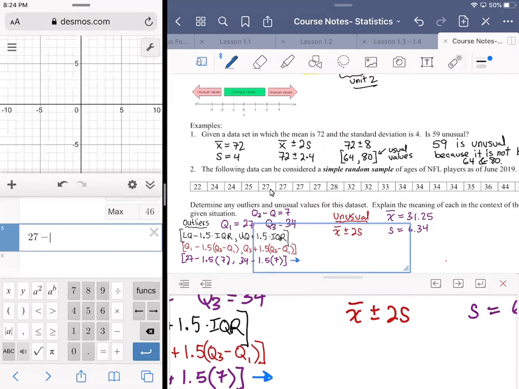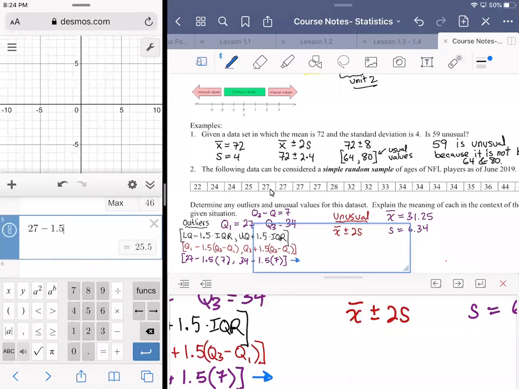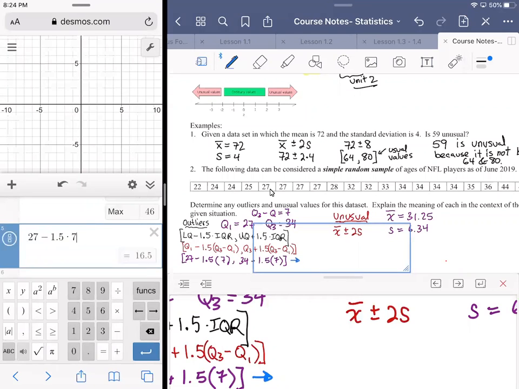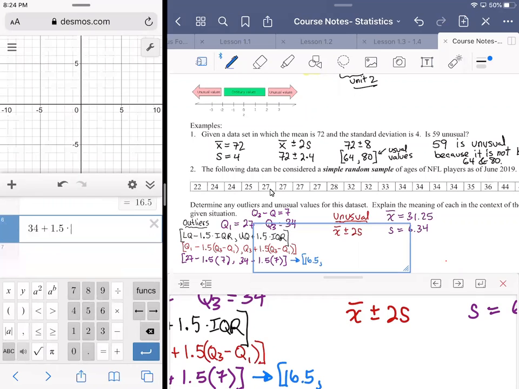So 27 minus 1.5 times 7 is 16.5. So that's the lower bound. And on the upper bound, we're talking about 34 plus 1.5 times 7, so 44 and a half.